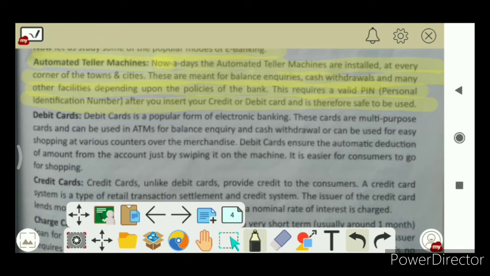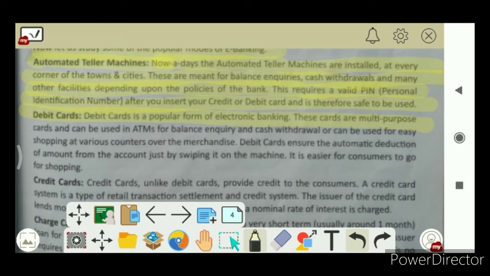Now, the next important thing is the debit card. Debit card is a popular form of electronic banking. These cards are multi-purpose cards and can be used in ATMs for balance inquiry and cash withdrawal, or can be used for easy shopping at various counters over the merchandise.